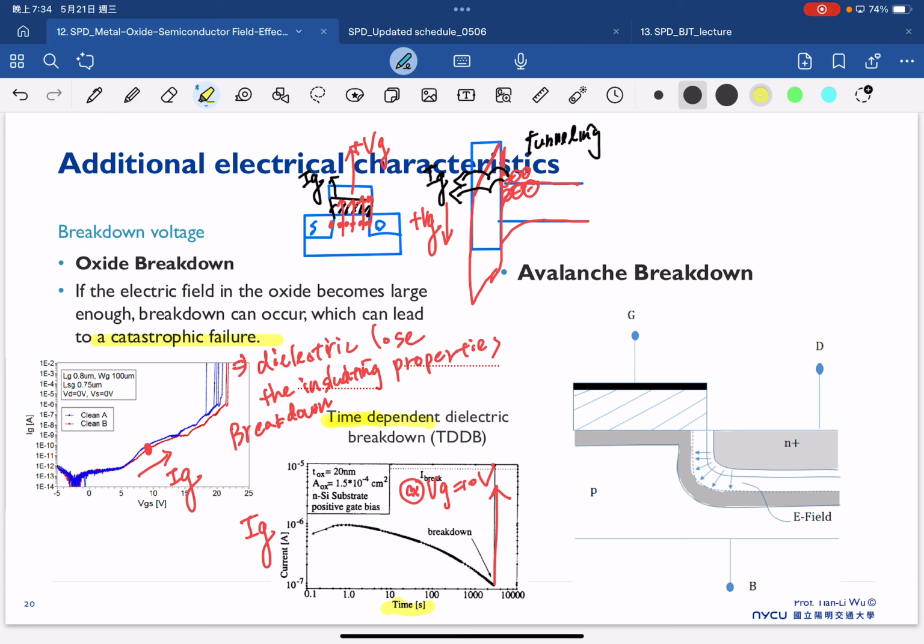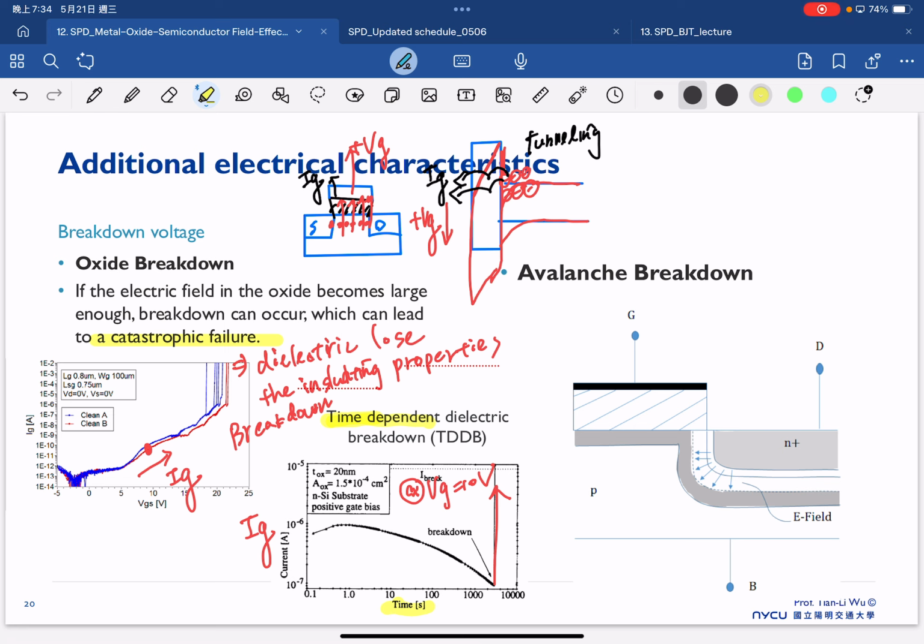Here we won't talk too much about why we have these TDDB issues, but my other class on reliability will have dedicated chapters to discuss the reasons that cause time-dependent dielectric breakdown. So this is another non-ideal issue.